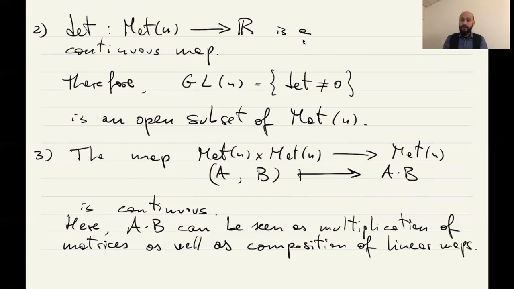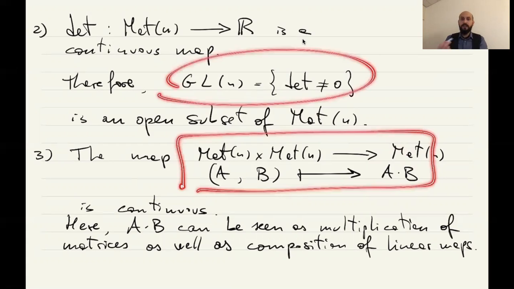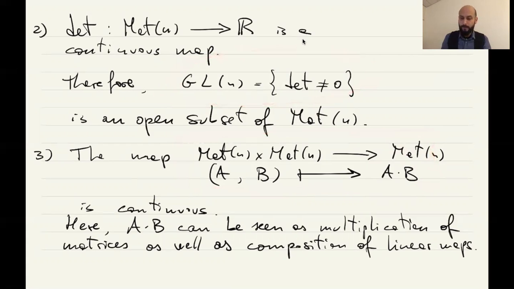Therefore, the restriction of this map to GL_n is a continuous map.